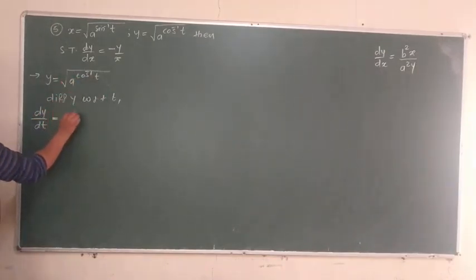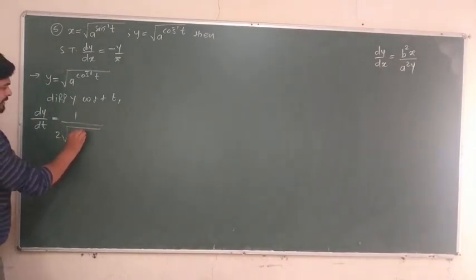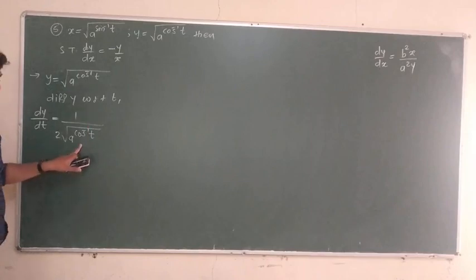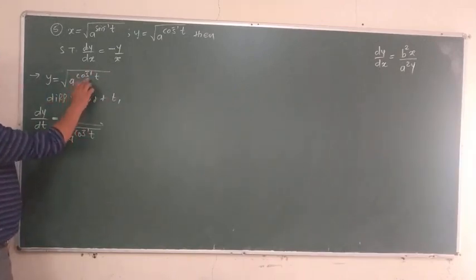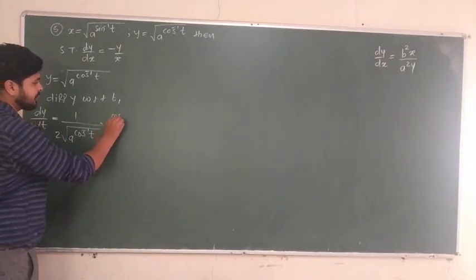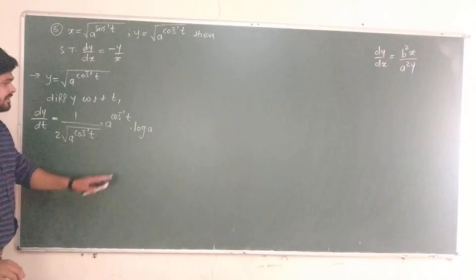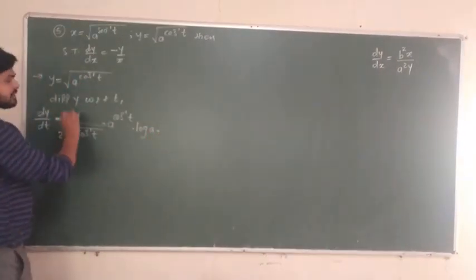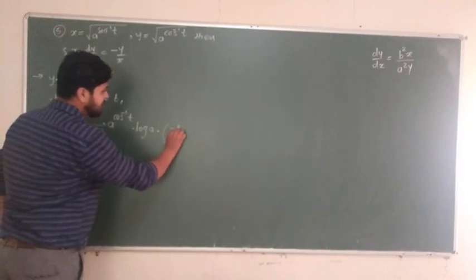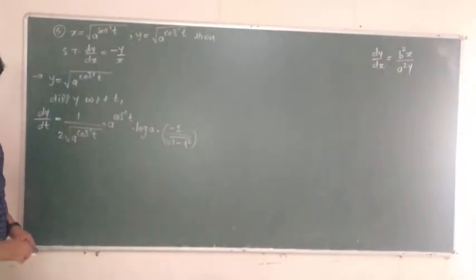So first, the derivative of root is what? 1 upon 2 root a raised to cos inverse t. This is the derivative of the square root function into the derivative of a raised to cos inverse, so a raised to cos inverse t into log a. Into the derivative of cos inverse, which is minus 1 upon root 1 minus t square.